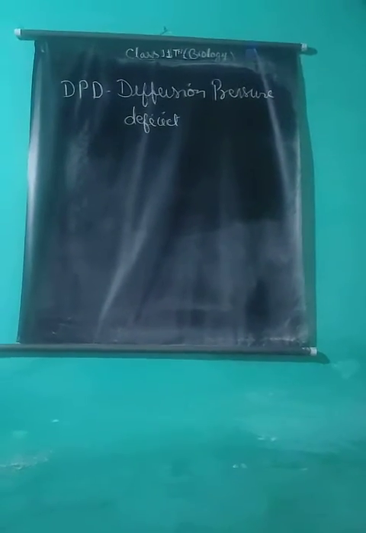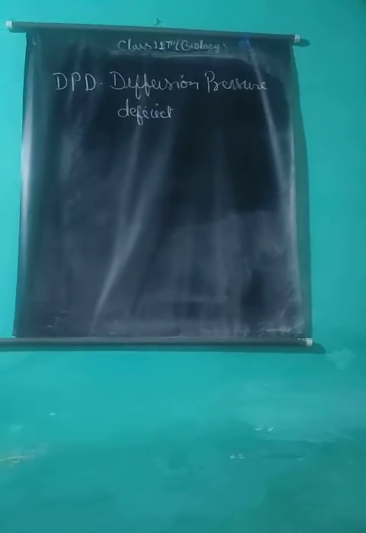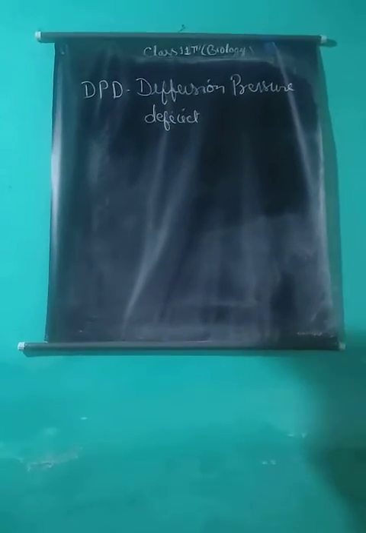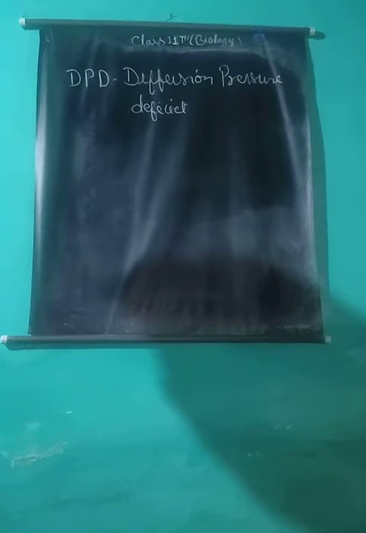Another event of osmotic relationship in plant cells is DPD or diffusion pressure deficit, a decrease in the diffusion pressure of the cell. Diffusion pressure deficit or DPD is the measure of the amount of pressure with which water enters inside a cell.